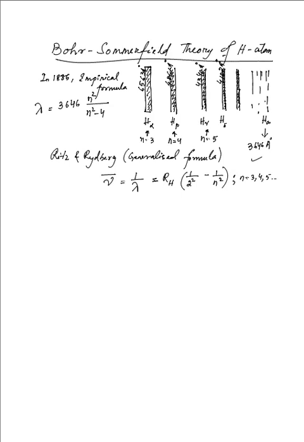Here RH is the Rydberg's constant and has the value 1.096776 times 10 to the power 7 meter inverse, and this is what they ended up with.